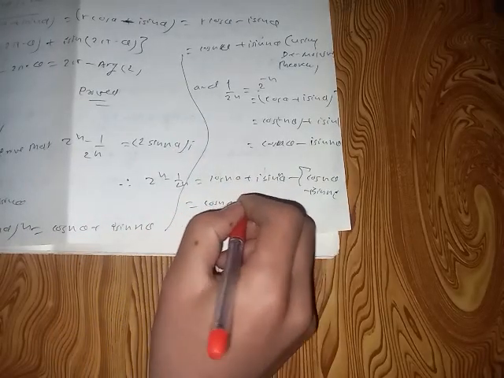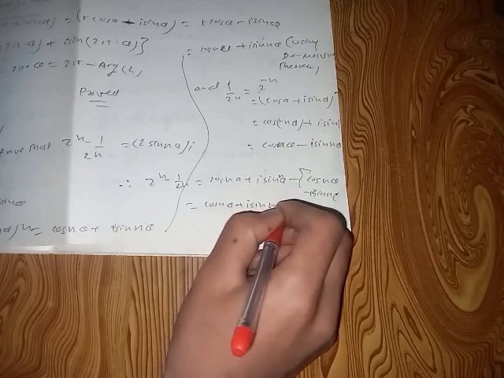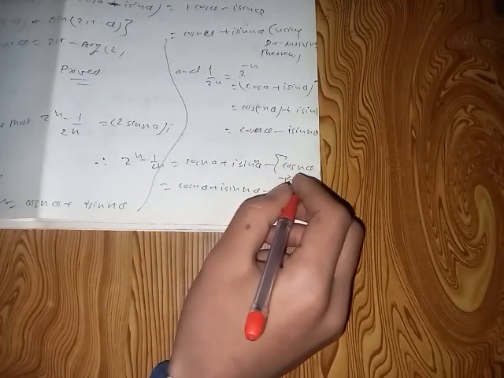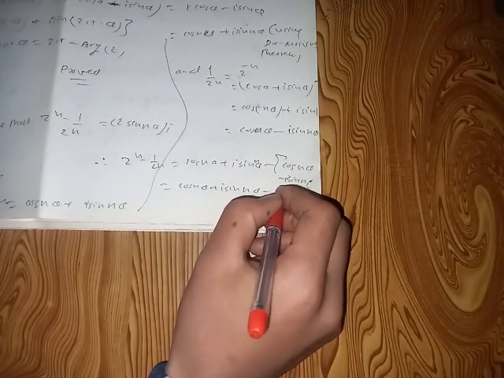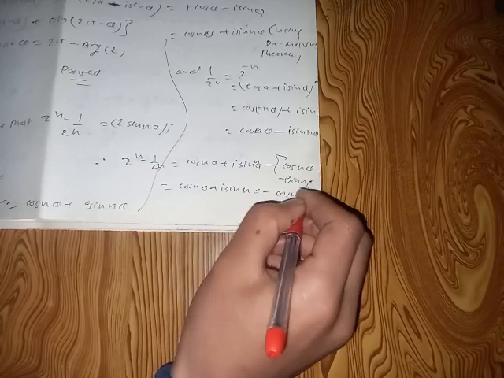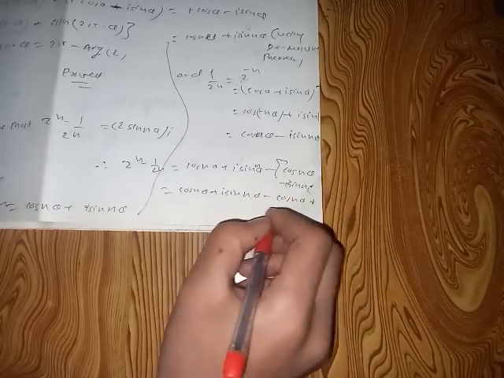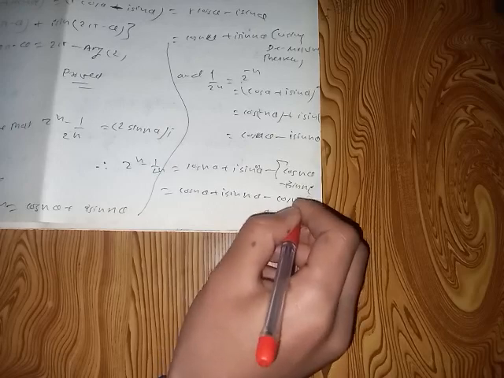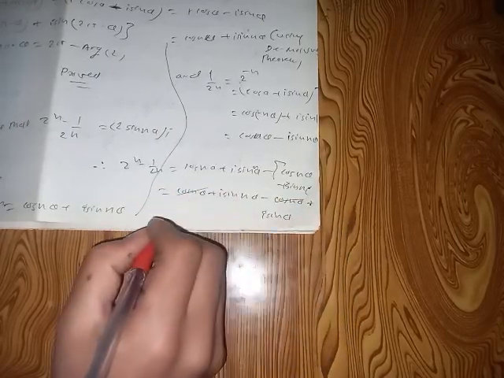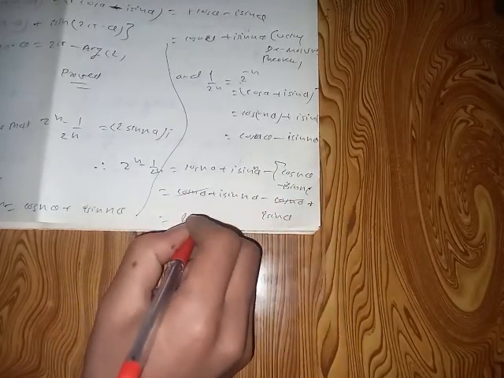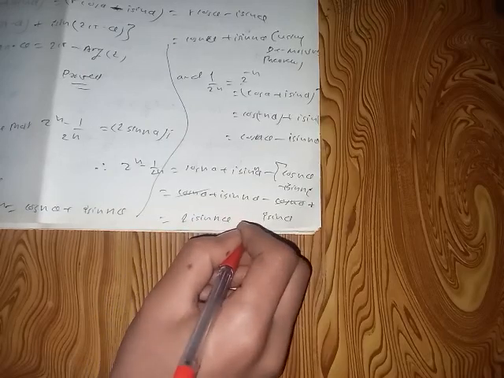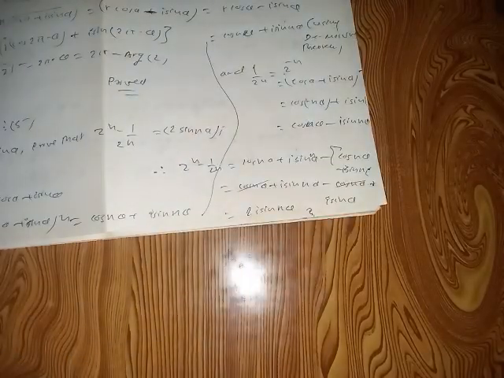Using de Moivre's theorem, if 1 by z to the power n is equal to z to the power minus n, then the value is (cos theta + i sin theta) to the power minus n, so that cos n theta minus i sin n theta.